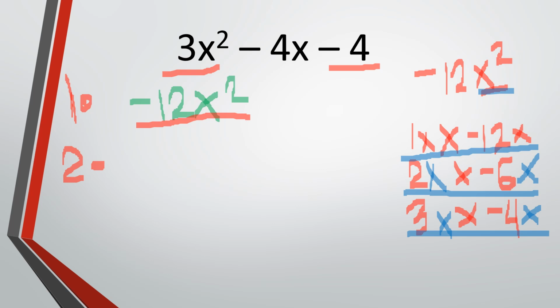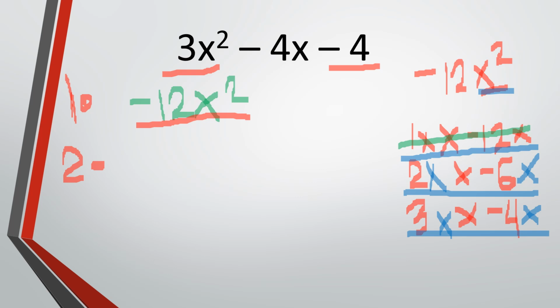Now, if you have 1x added to negative 12x, the answer is negative 11x. Thus, this is not correct. Now, if you have positive 2x plus negative 6x, the answer is negative 4x.